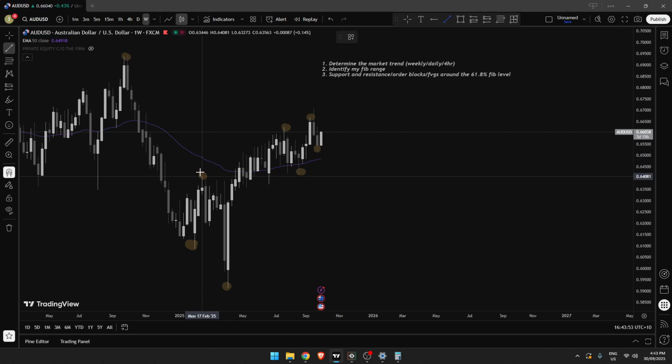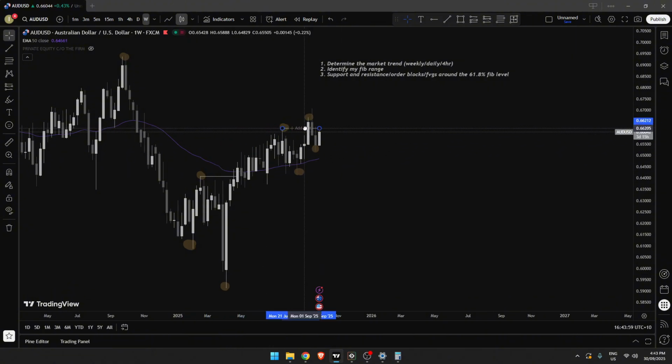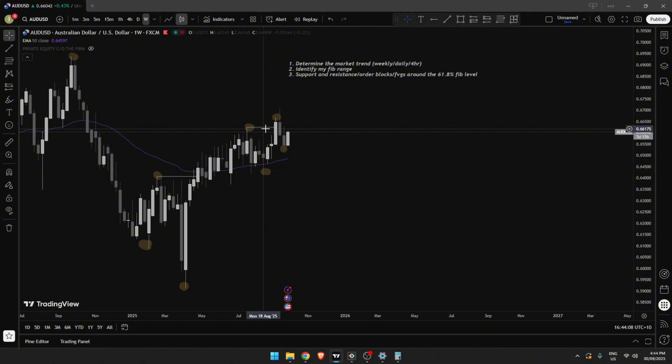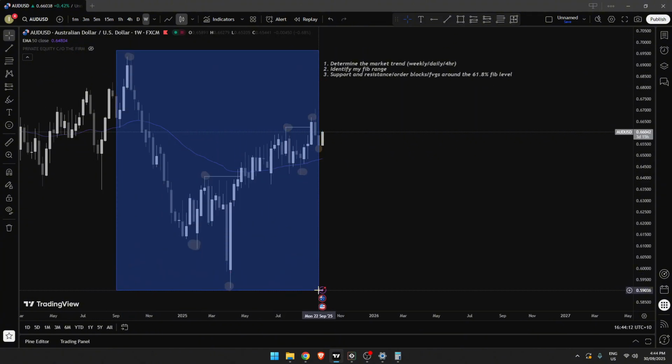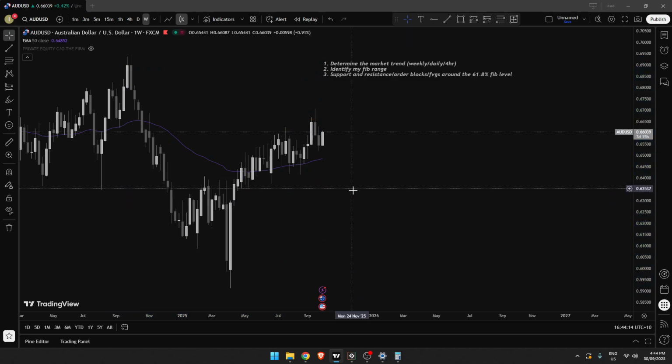So we broke the structure here, and we broke it here. So I need a full body close over the wick of the swing high for an actual valid break in market structure. So that's why we are bullish on the weekly time frame.